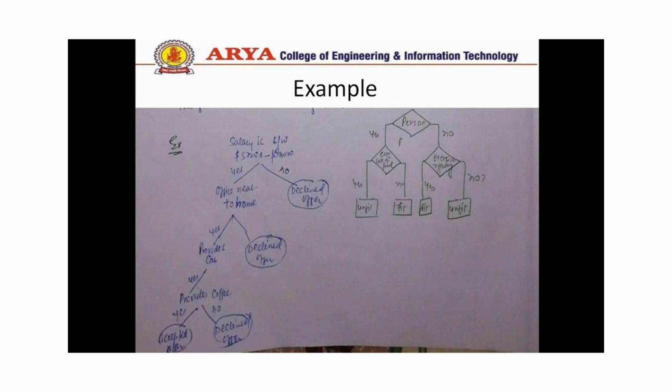The process continues until a stage is reached where we cannot further classify nodes, and the final node is called a leaf node. So these are all the steps to design a decision tree.